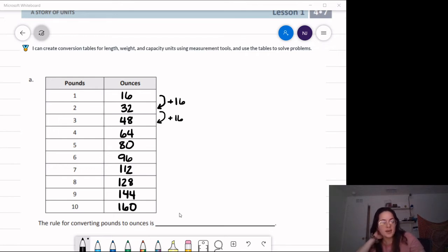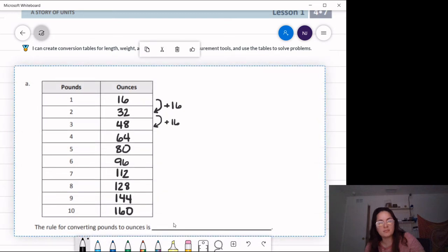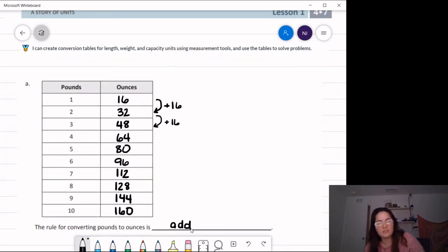So if you said that the rule for converting pounds to ounces is add 16, then you would be correct. You can also think we take the number of pounds, LB would be pounds, and then OZ would be ounces.